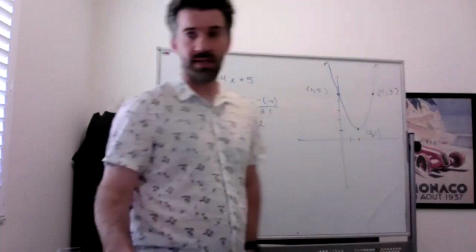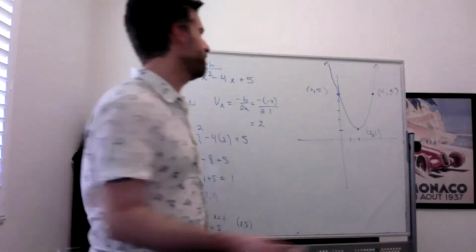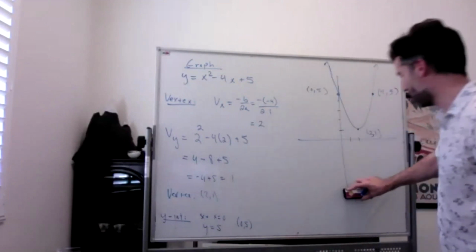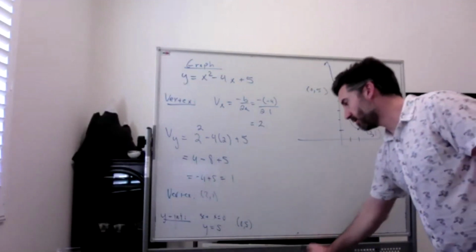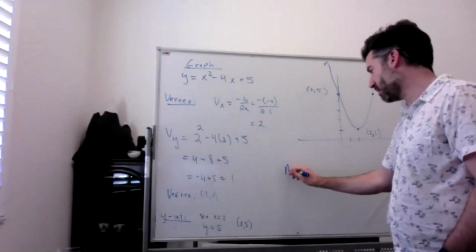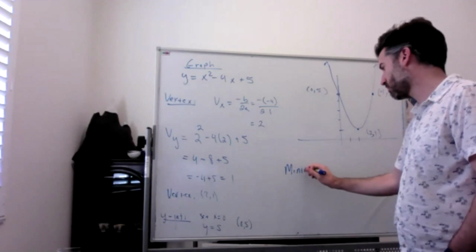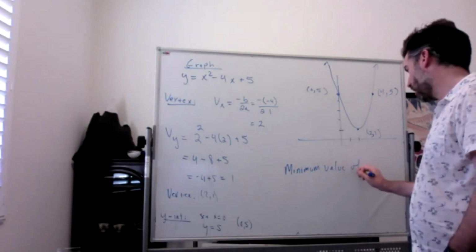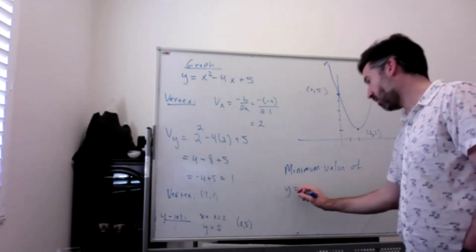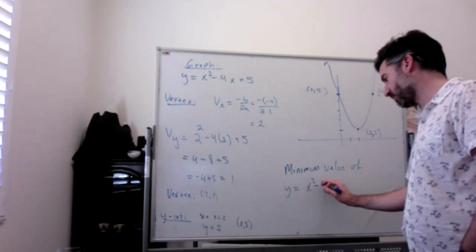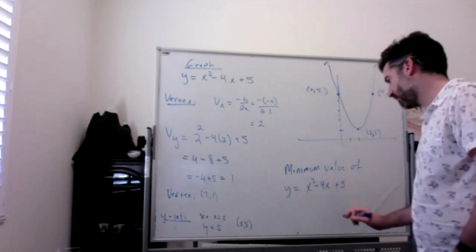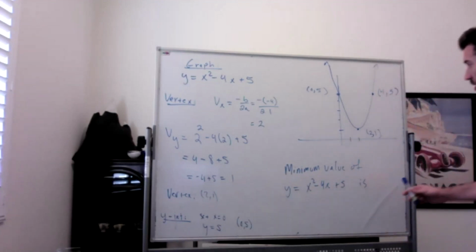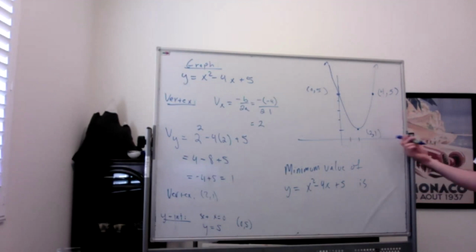The last thing I want to say, I know it's 2 o'clock, so we're out of time. The last thing I want to say about this example is that the minimum value of this y equal to x squared minus 4x plus 5 occurs at the vertex.